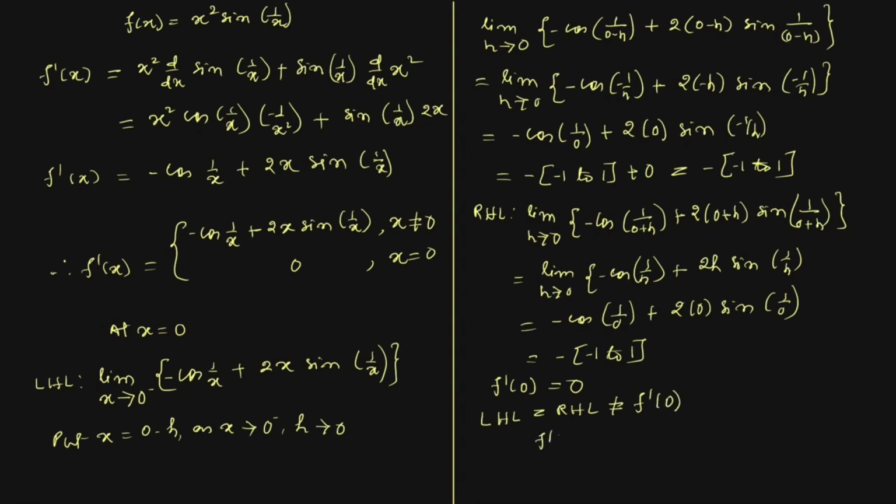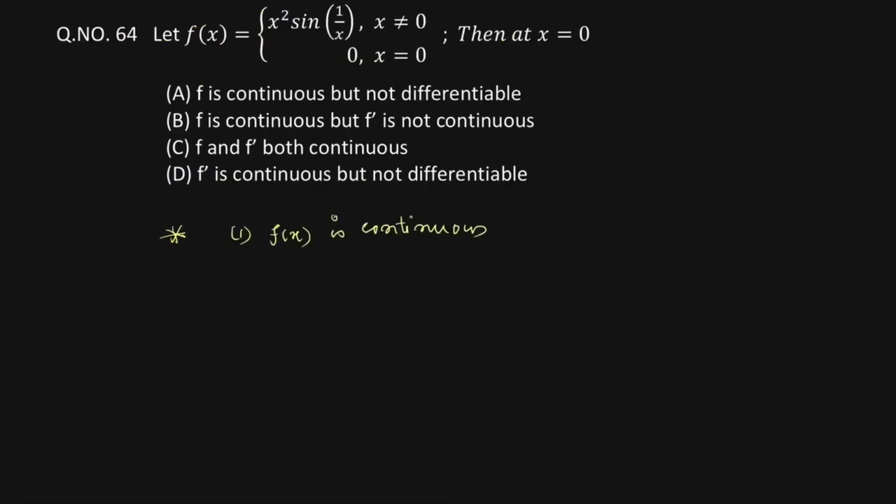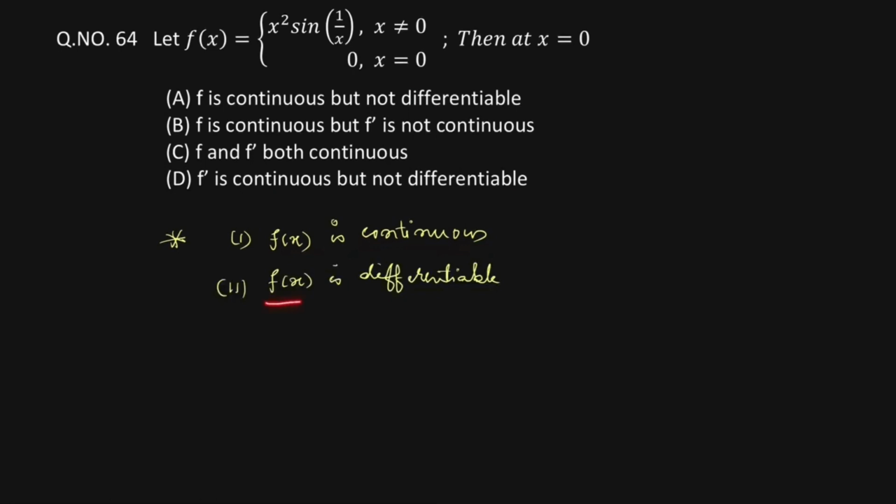So f dash x is not continuous. So we will get f of x is continuous. F of x is differentiable and f dash x is not continuous. So option number B is our correct option.